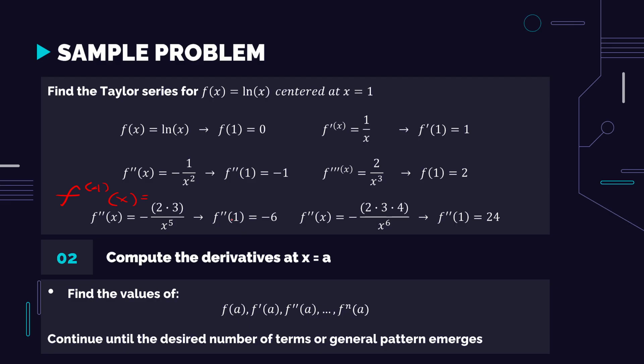Evaluating it at x equals 1, the answer is negative 6. And lastly, the fifth derivative of this function is the quantity 2 times 3 times 4 all over x to the 6. Evaluating it at x equals 1, we have 24.